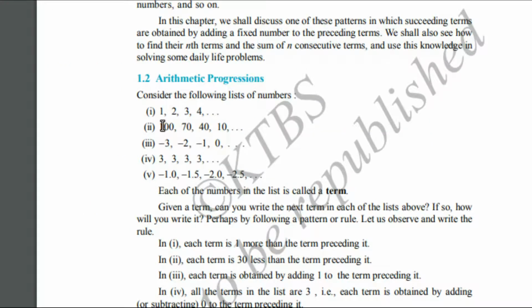Let us see some examples of arithmetic progression, and we will see what list of numbers is called an arithmetic progression. In the first example we can see the first term is 1, the second term is 2. 2 minus 1, the preceding term, is 1, the common difference is 1. 3 minus 2 is 1, again the common difference is 1. 4 minus 3 is 1, again the common difference is 1, and so on.